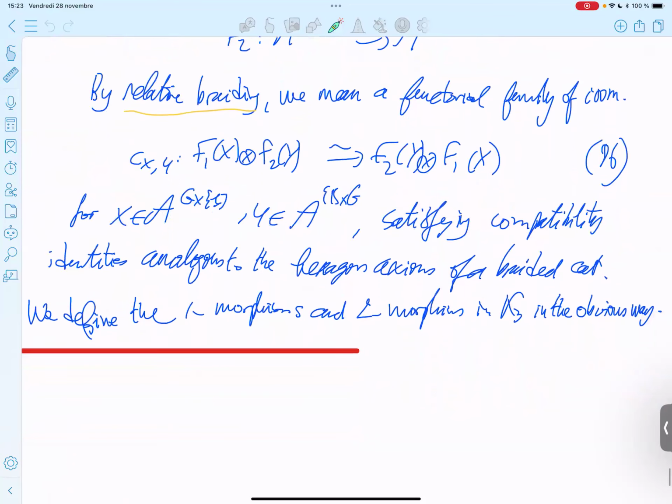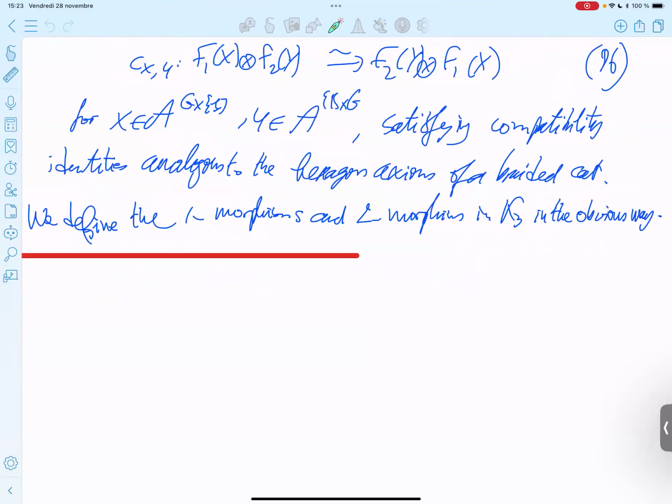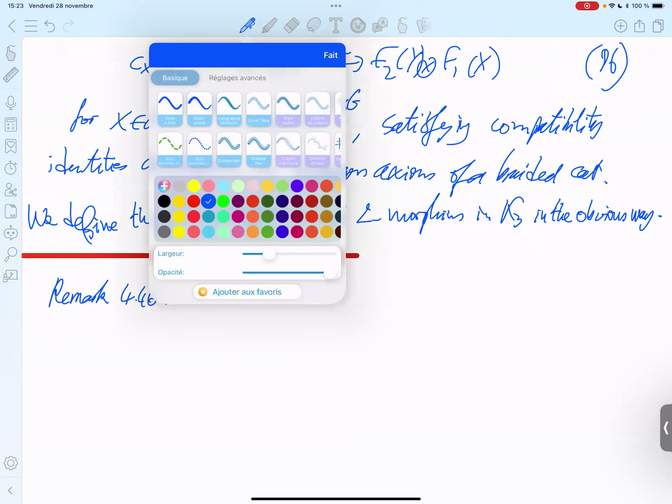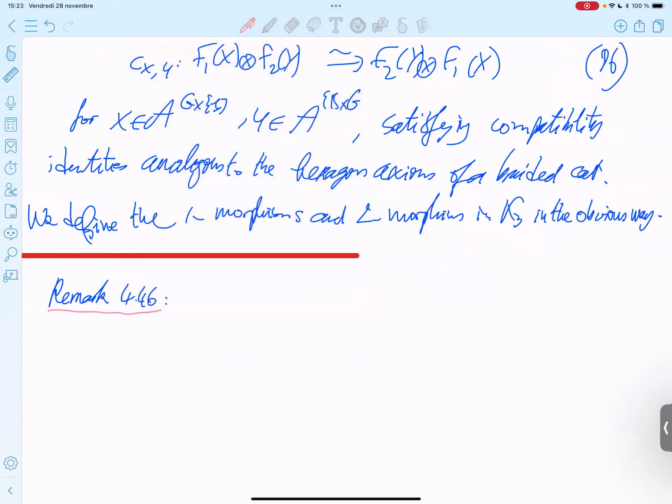And okay, now remark 4.4.6. In this remark, we will consider a remark regarding the components of the unit.